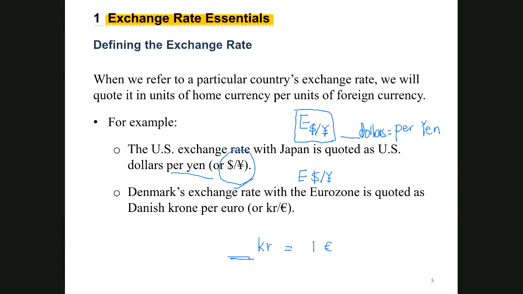Okay, so in the first example, the home country is the US and the foreign country is Japan. The second example, the home country is Denmark, and you would like to know the exchange rate between the Danish krone and the euro.